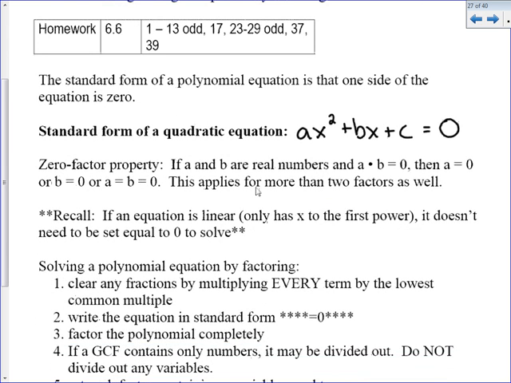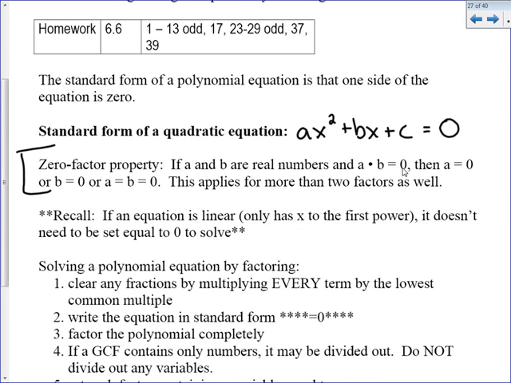So what we're going to do is we're going to go on this property right here, this zero factor property, that says if I'm multiplying two things together and the answer is 0, one of those two things, or maybe both of them, have to be 0. So if I'm multiplying two things together and the solution is 0, it means one of those two things at least is 0. Because I can't multiply two non-zero numbers together and get 0.